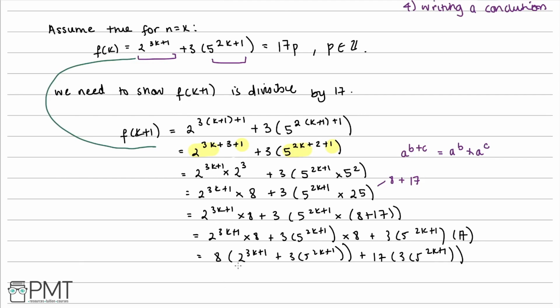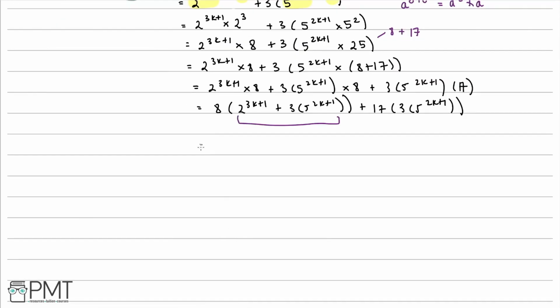And you can see that this part inside the brackets is actually what we have for f of k, 2 to the power of 3k plus 1 plus 3 times 5 to the power of 2k plus 1. And thus we can actually rewrite this expression as 8 times f of k plus 17 times 3 times 5 to the power of 2k plus 1.